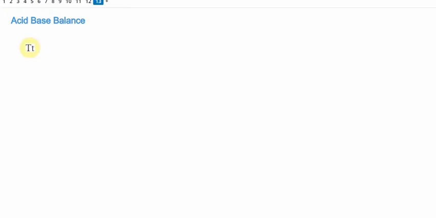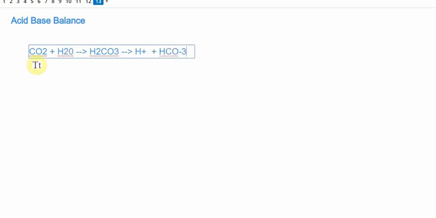So if we go back to the original Bohr equation, the Bohr effect, CO2 plus H2O goes to H2CO3, which goes to H+ and HCO3-.